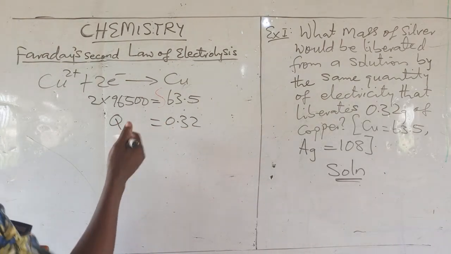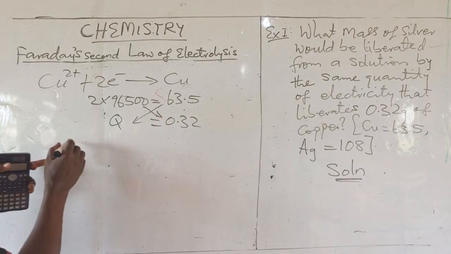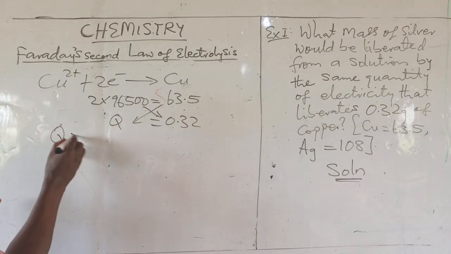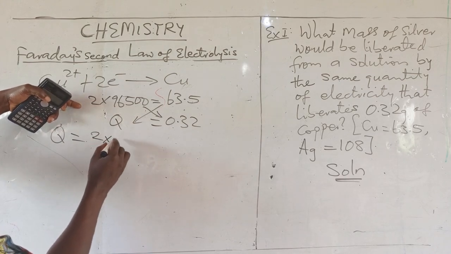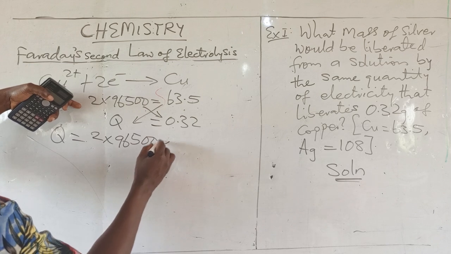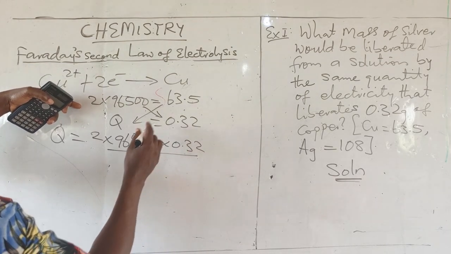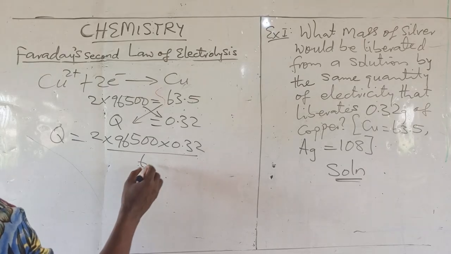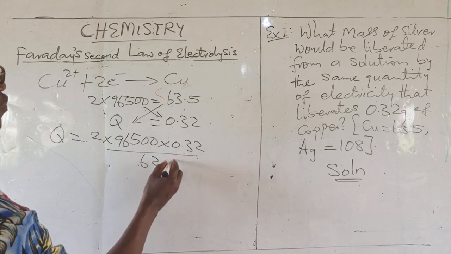So now I use Q there, cross multiply, and you have your Q equal to 2 times 96500 times 0.32 all over 63.5.